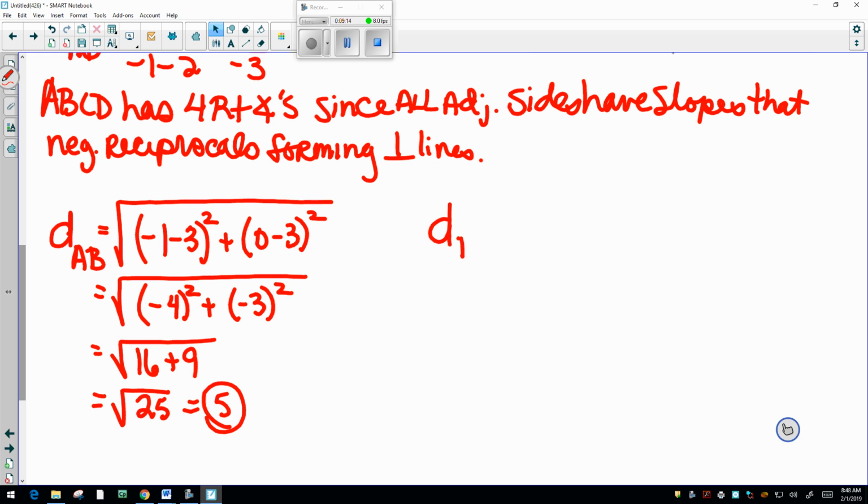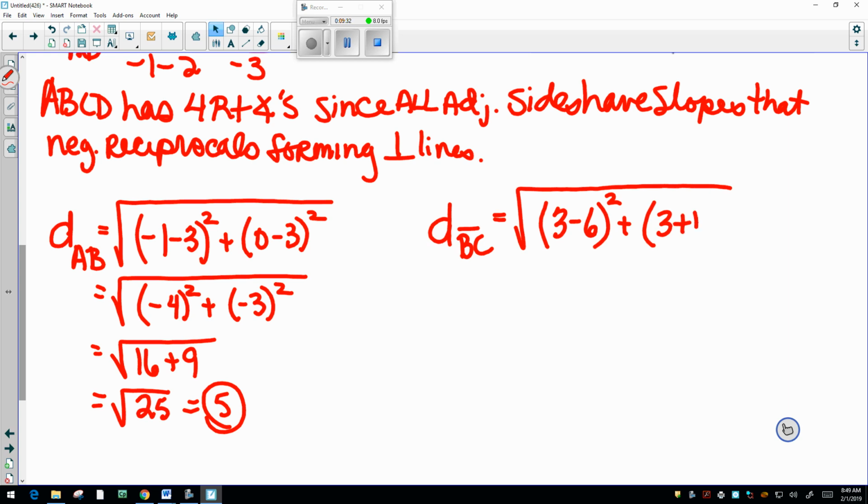We're going to do the same thing for BC, and the reason I'm taking BC is it's adjacent, it touches. I want to see that 2 sides that touch are the same. So if I were to plug this in, I have 3 minus 6 squared plus 3 minus a negative, that's plus a positive 1 squared.